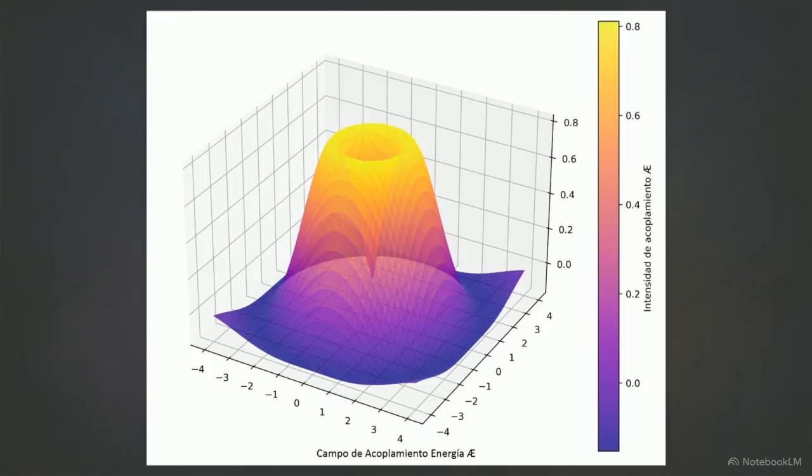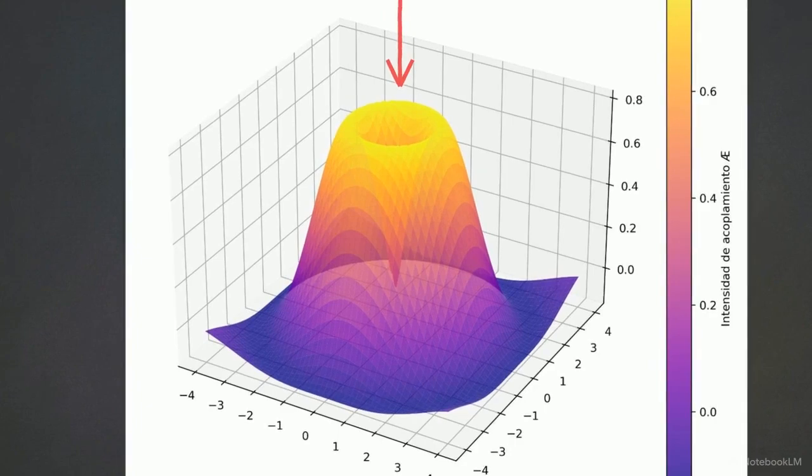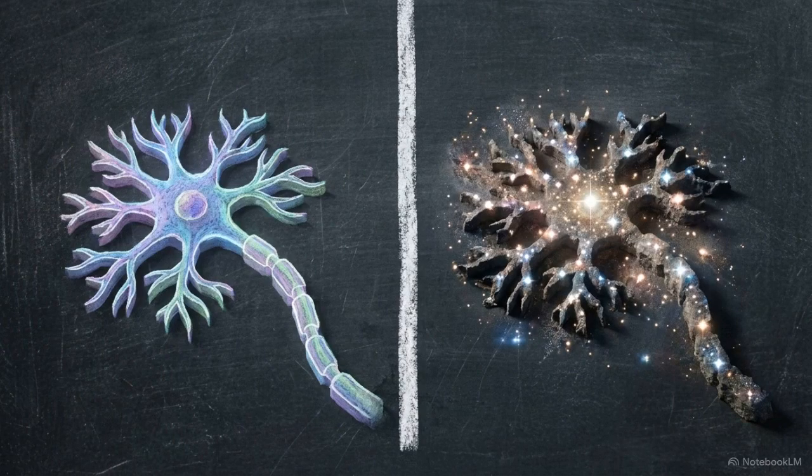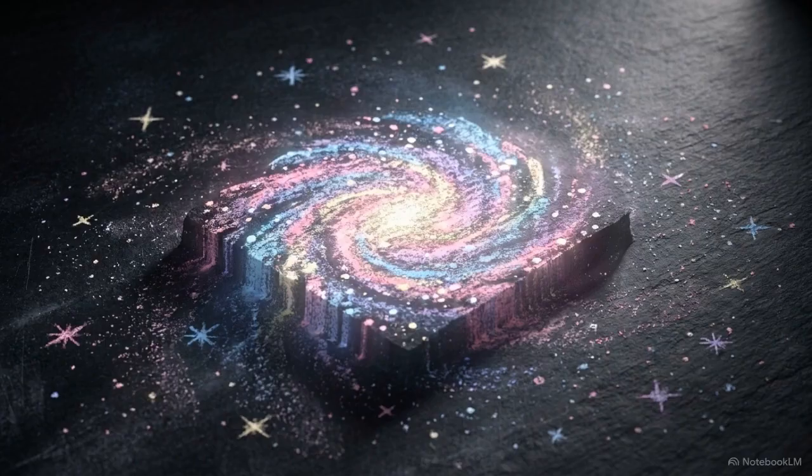This 3D surface plot illustrates the intensity of the energetic coupling field required to maintain one of these knots against the expansion of space. The depth of the central peak and the surrounding purple depression represents the energy holding the knot's structure together. This collective phase field functions like a massive version of the weighted sum in a quantum perceptron, operating at the scale of the universe.